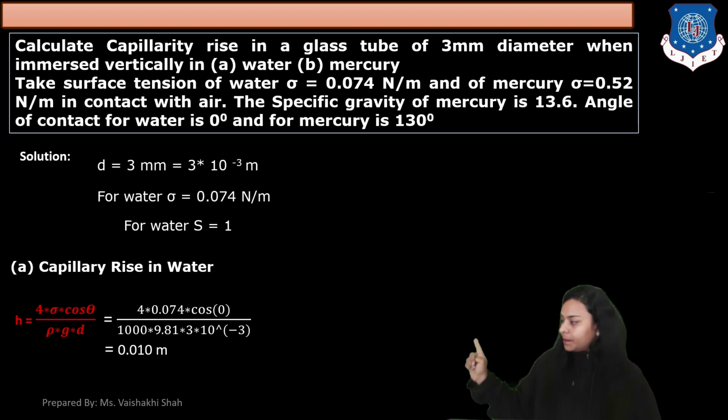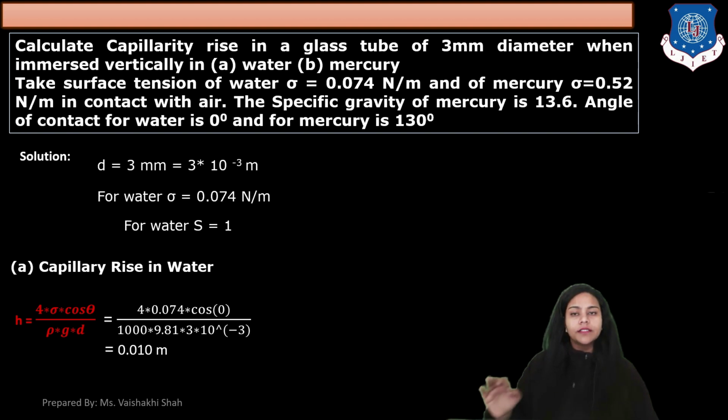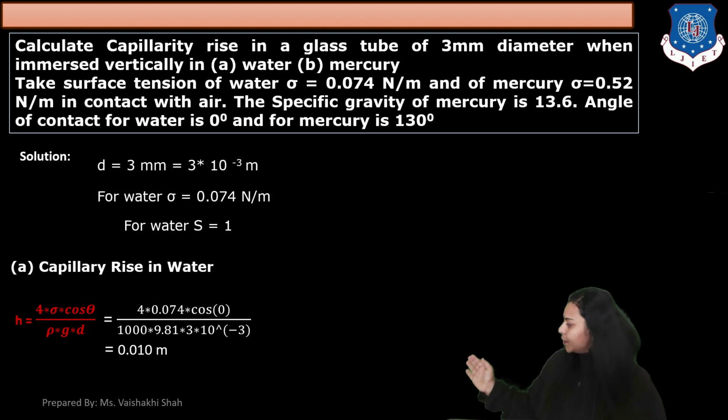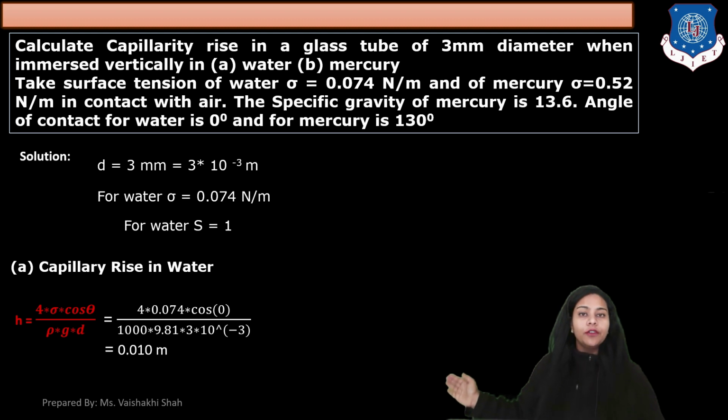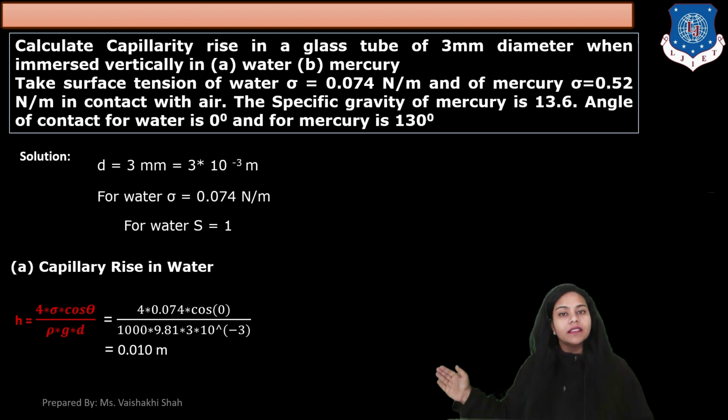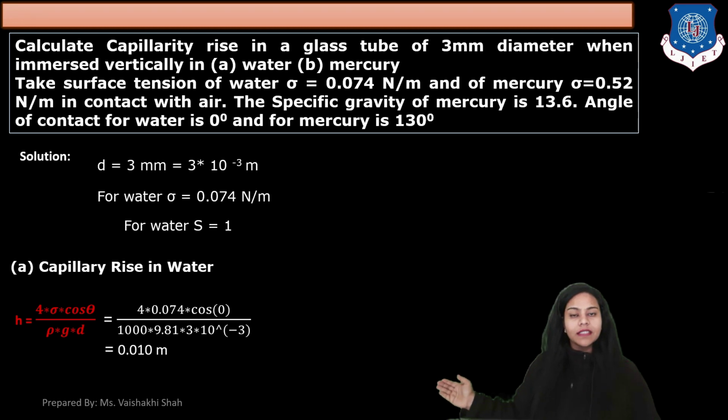Now placing the values here, 4 into 0.074 into cos theta, here theta is 0, divided by rho, density of water, which is 1000 into 9.81 into 3 into 10 raised to minus 3. By solving this in calculator, your answer for capillary rise is 0.01 meter.